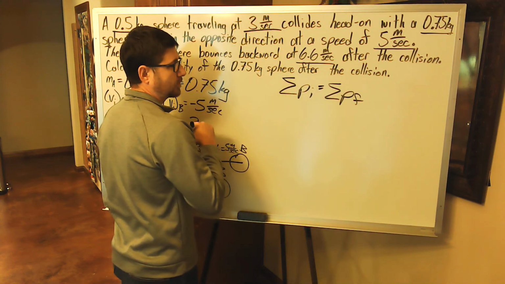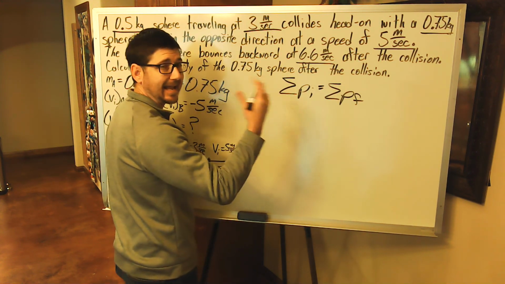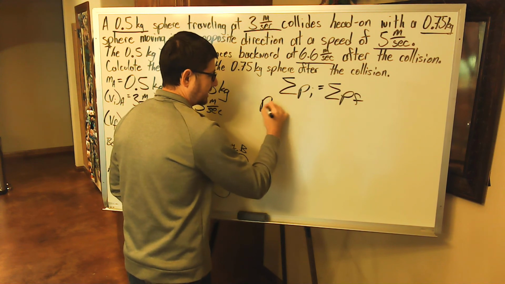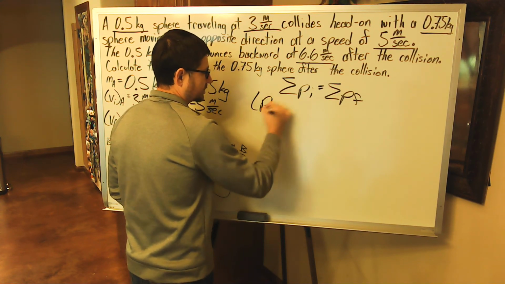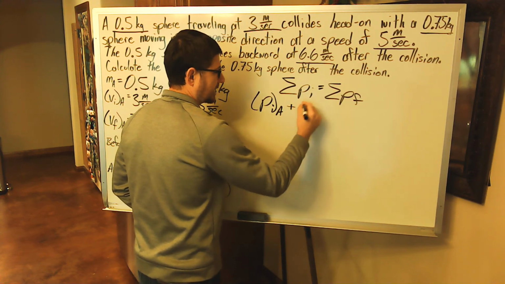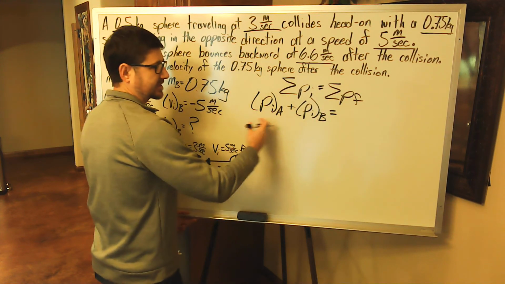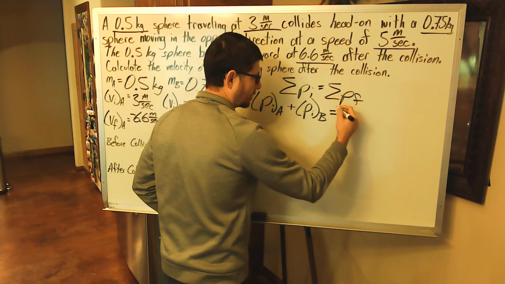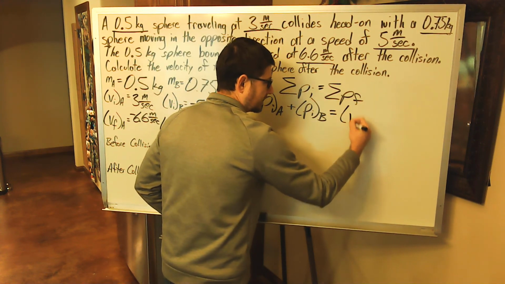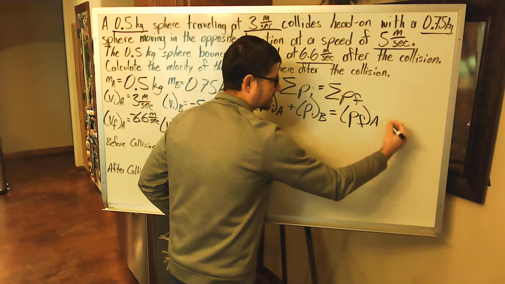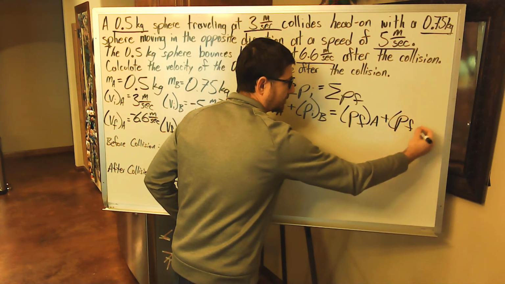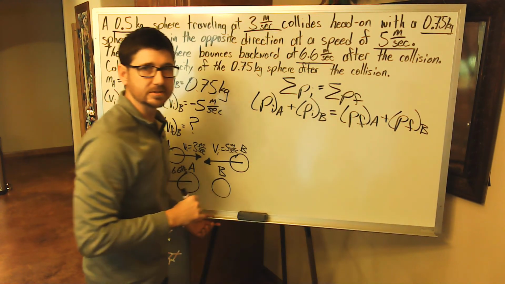So our initial momentum for object A and B is going to be initial momentum for object A plus the initial momentum for object B. So the sum of this must equal the final momentum of the system. So the final momentum of object A plus the final momentum of object B.